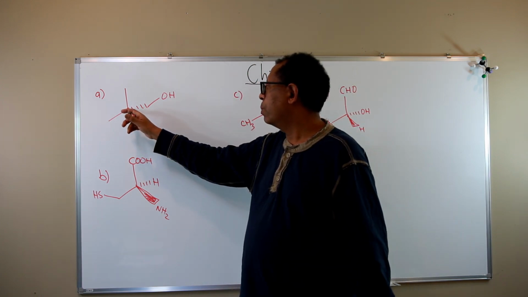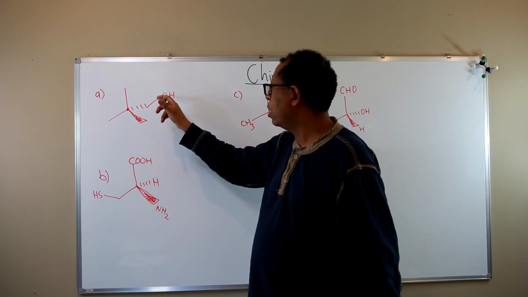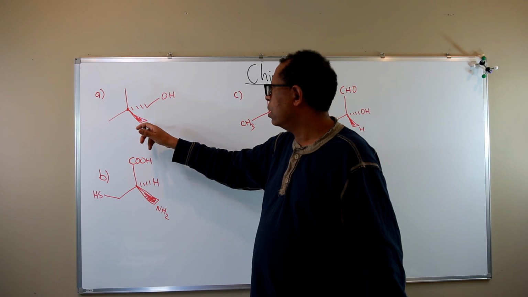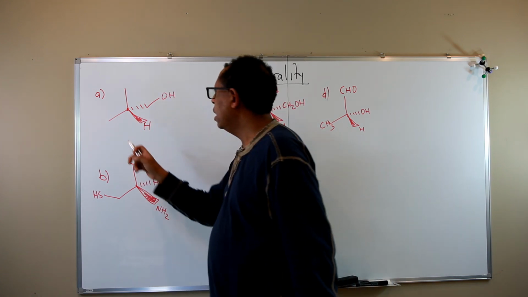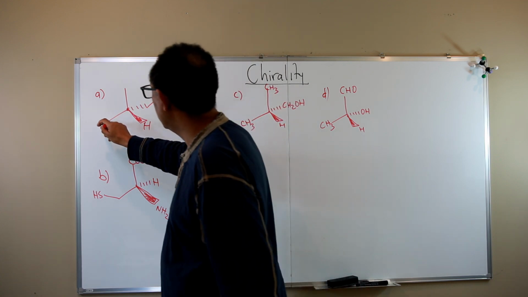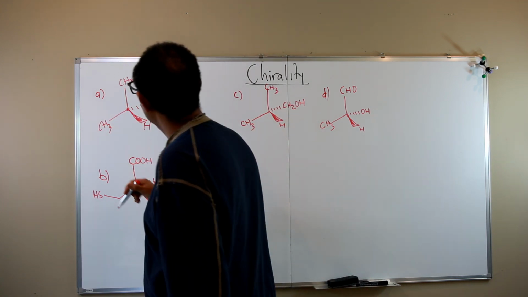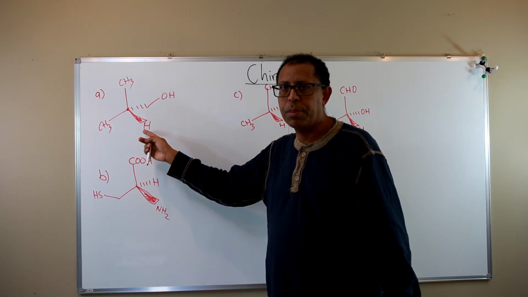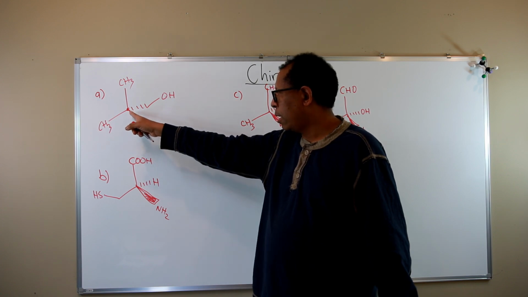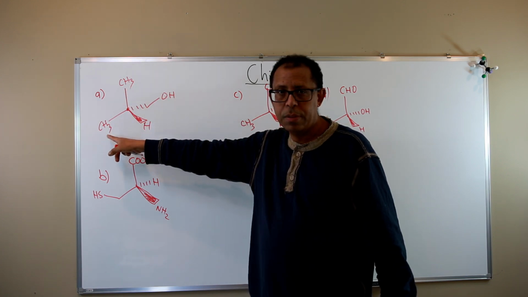So that's carbon. It has group 1, which is CH2OH, CH3. This is actually hydrogen, let's say. And you have CH3, another CH3. This compound cannot be a chiral compound because that carbon has 2 identical substituents on it.